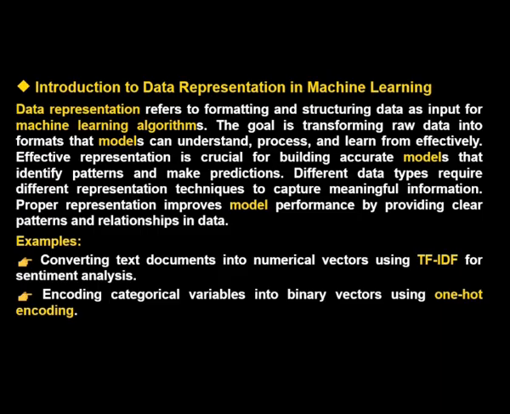Effective data representation is very important because it directly affects model accuracy and performance. Different types of data, such as text data, images, categorical data, require different representation techniques. For example, text documents must be converted into numerical vectors, and categorical values must be encoded before giving them to the model.